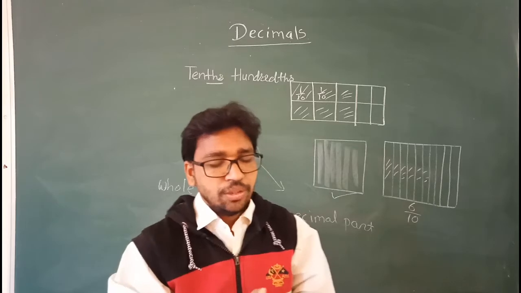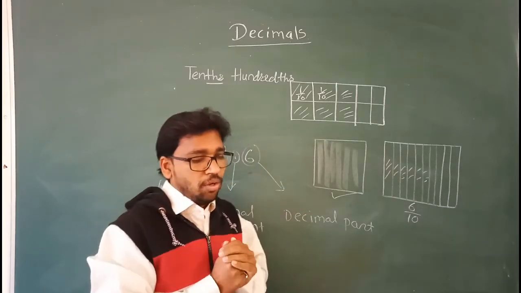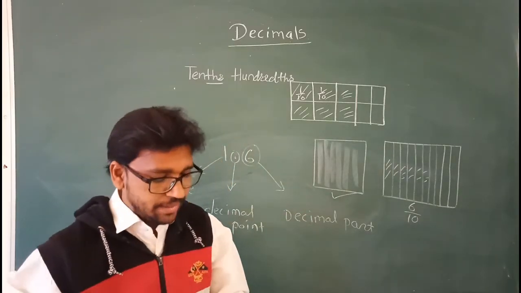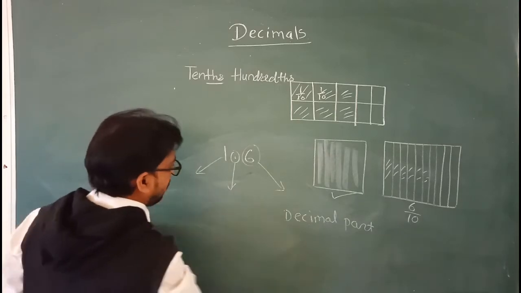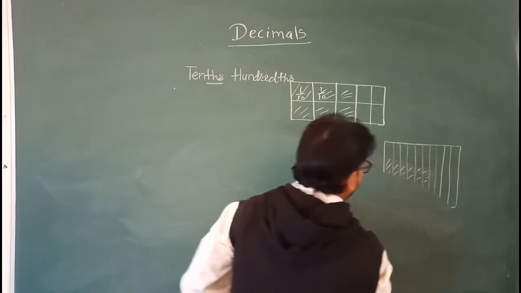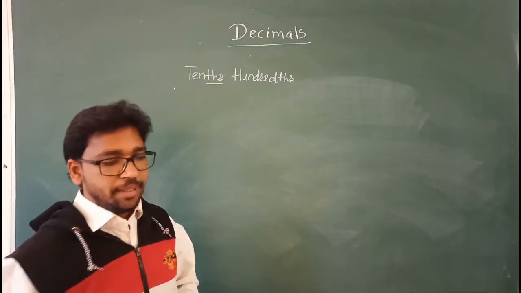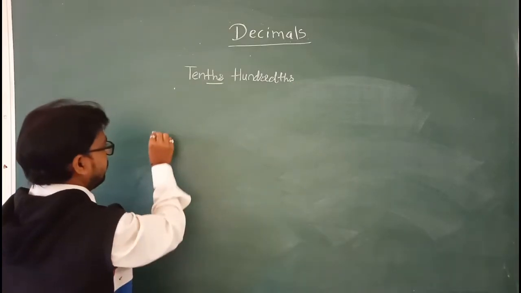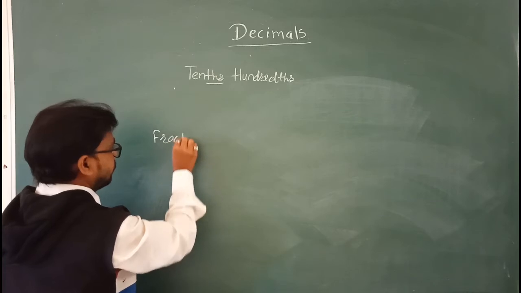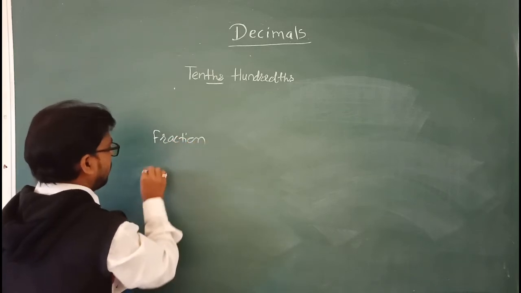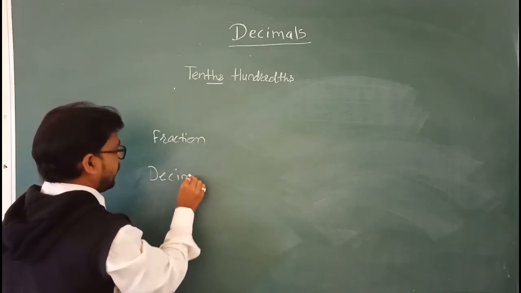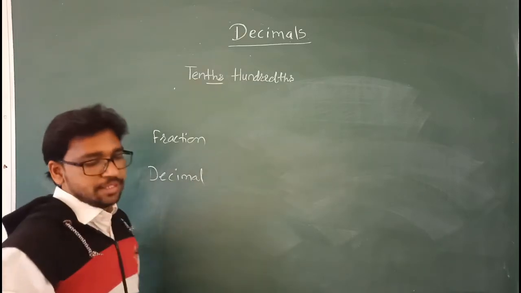How to solve? Suppose one example is there. We have to complete the table. Fraction is given, and here it is decimal. We have to convert it into decimal.